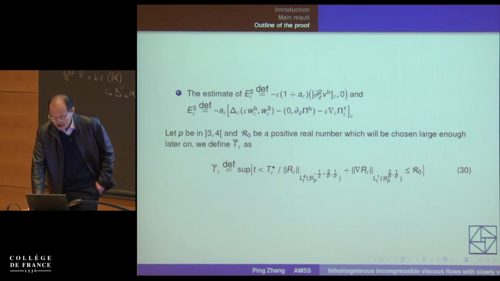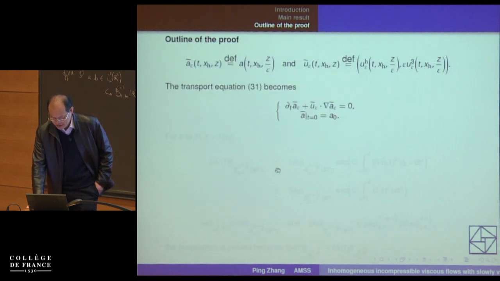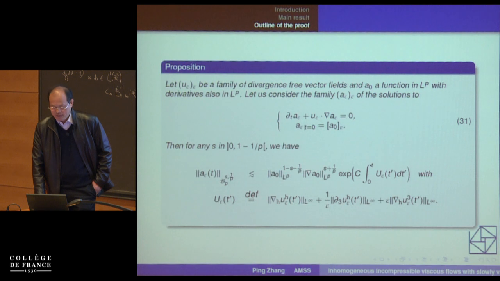So with this inductive assumption, we can prove for this transport equation that we can propagate this anisotropic regularity. As we explained before, in general, it is not correct to propagate anisotropic regularity for a hyperbolic system.